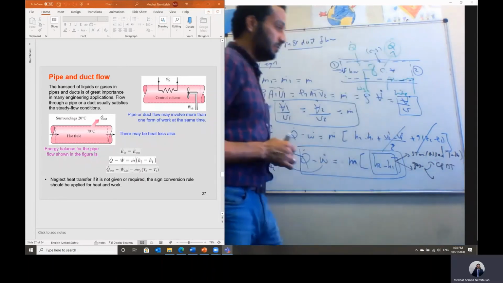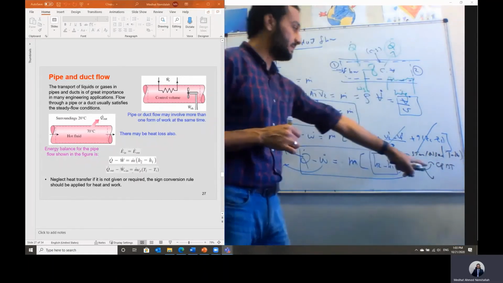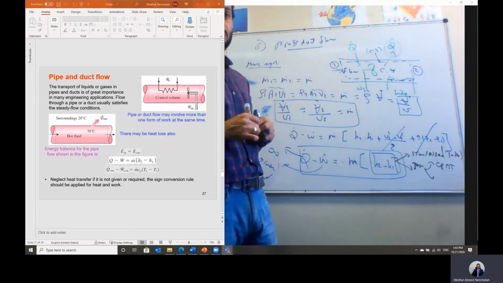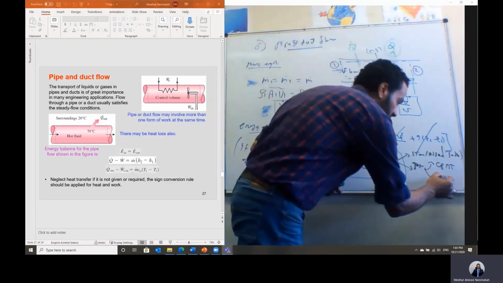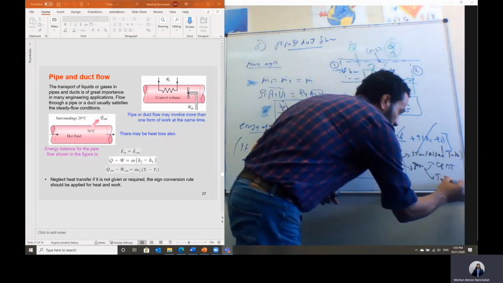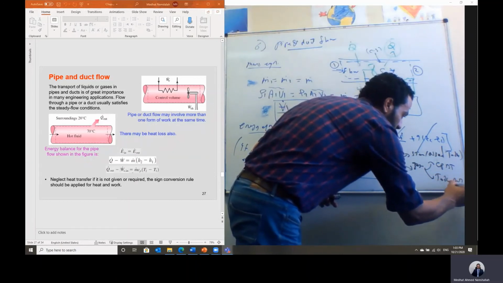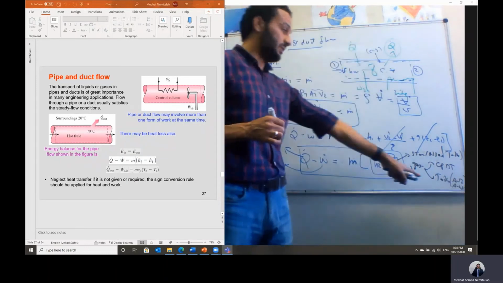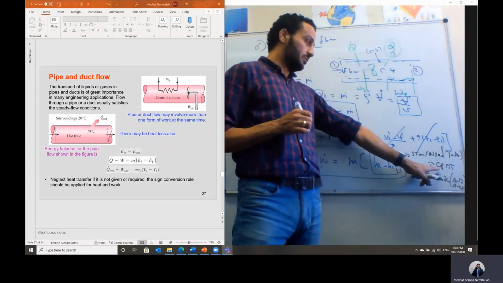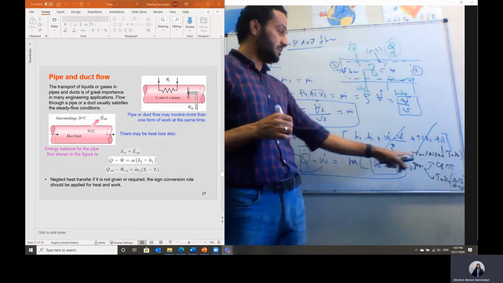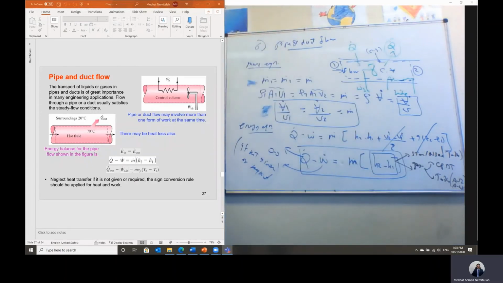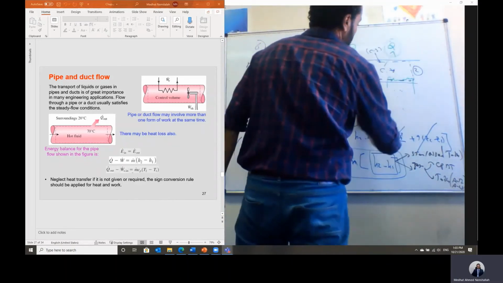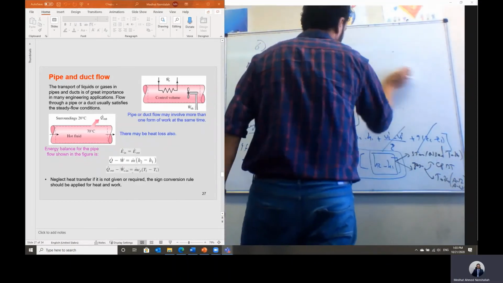Constant specific heat, which is Cp delta T. This Cp is calculated based on the average temperature of T1 and T2 from table A-2c. Or we can actually use tables A-17 to A-25. We call this the variable specific heat analysis. This is the constant specific heat analysis, delta h equals Cp delta T. For the variable specific heat analysis we can just use the values from tables A-17 to A-25.